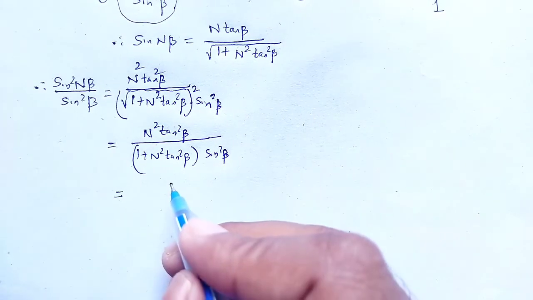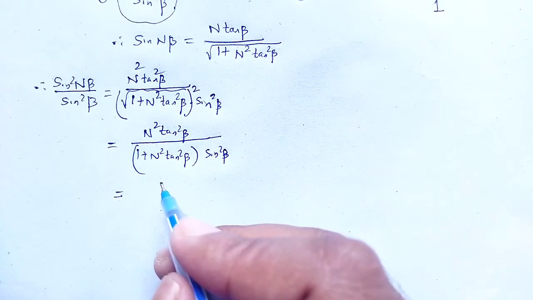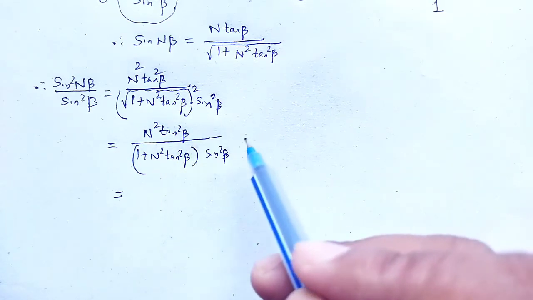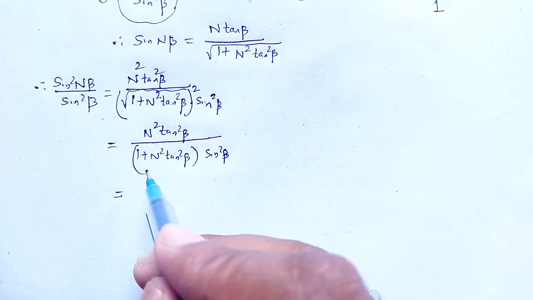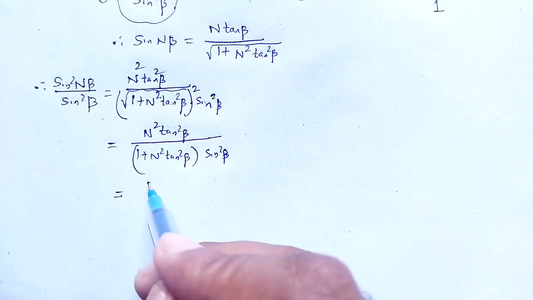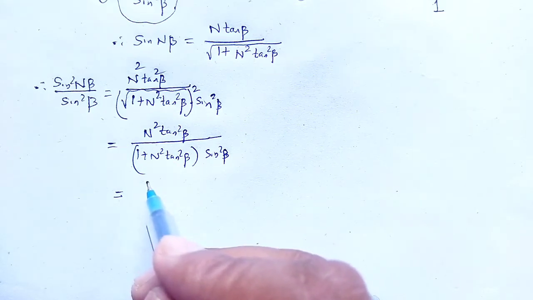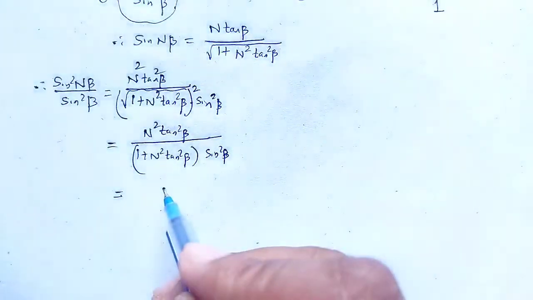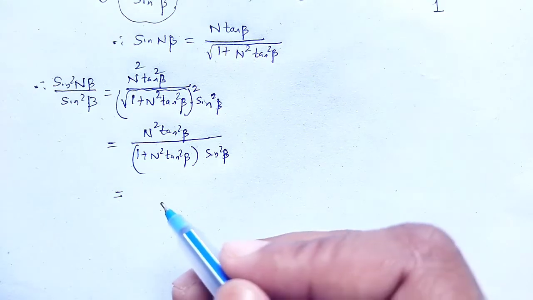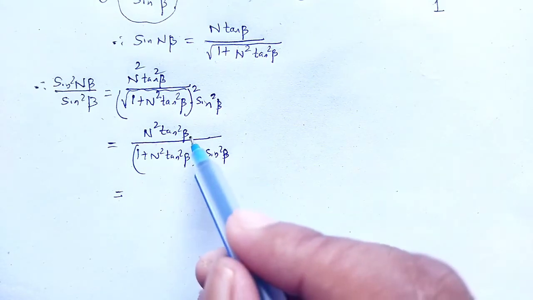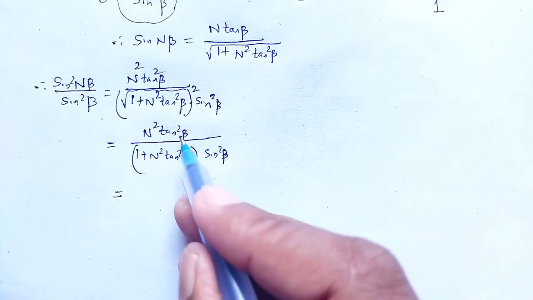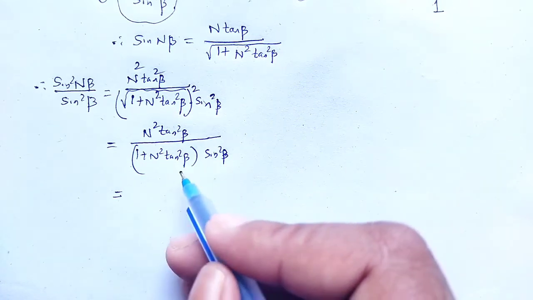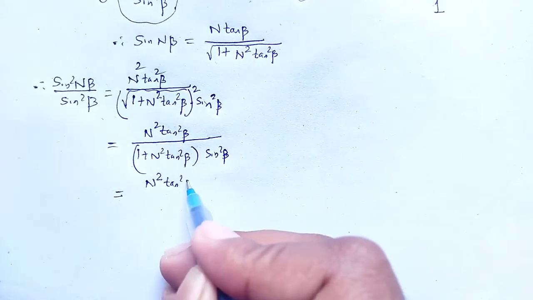We write it as n square, here sin by cos, sin square by cos square beta, so cos sin cancel out, we have n square tan square beta.